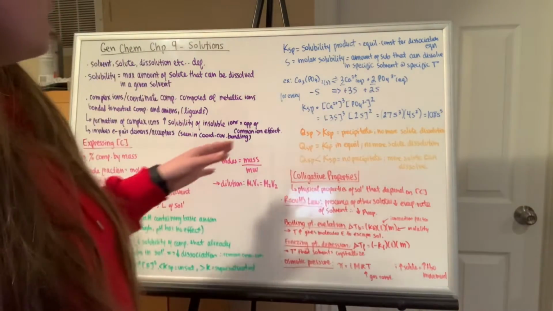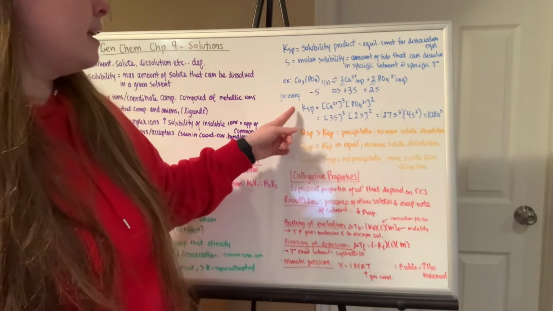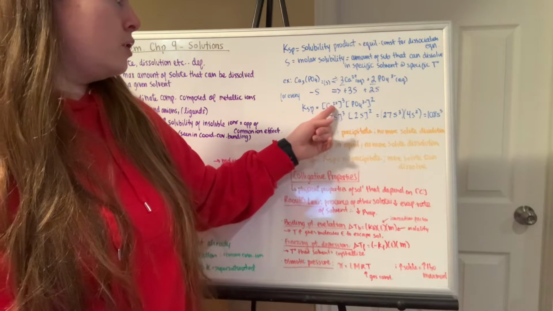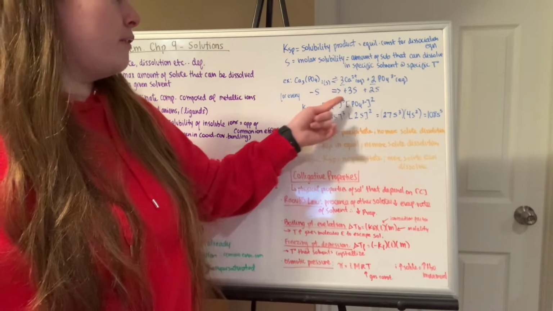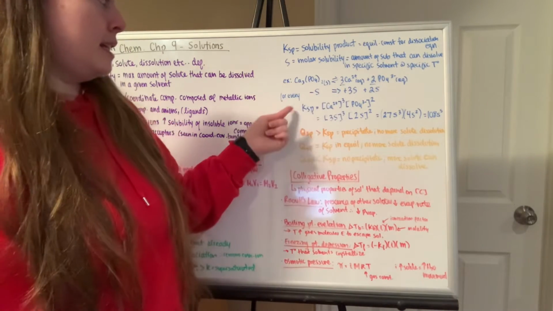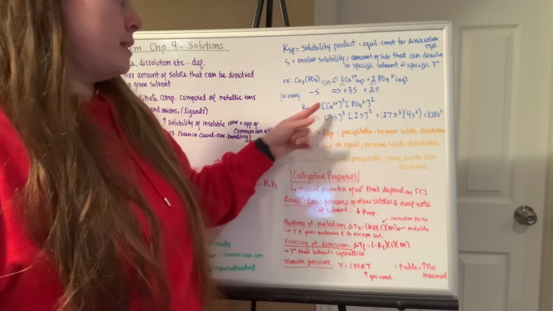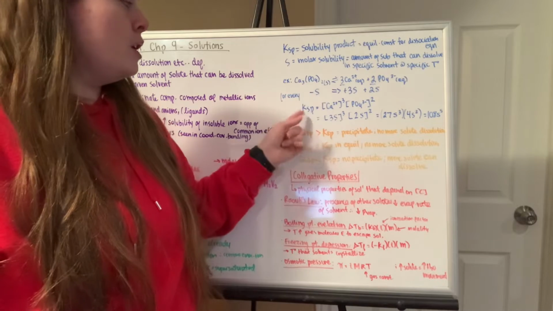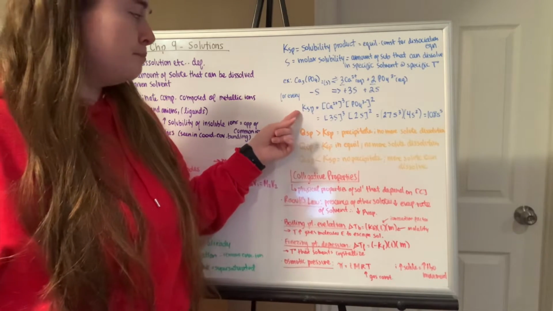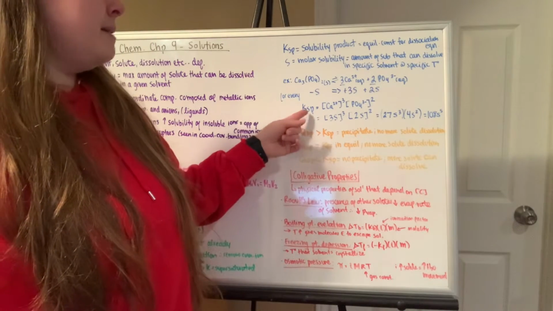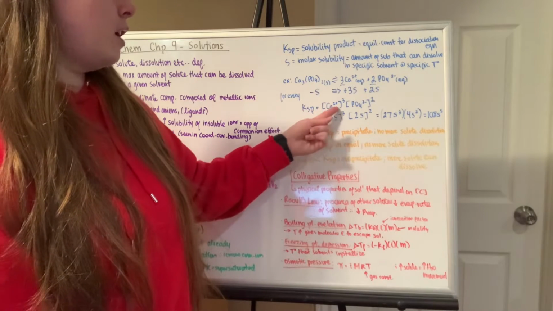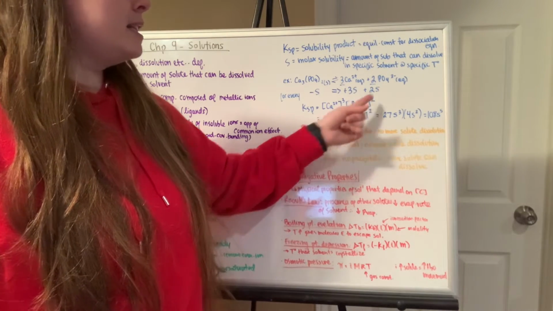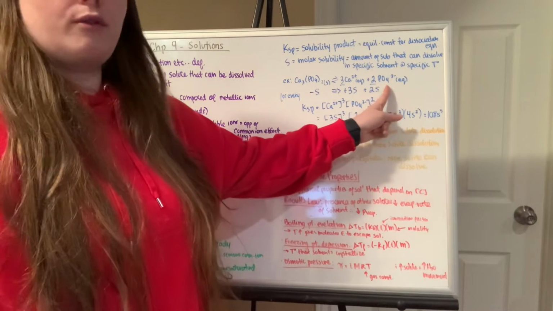Having said that, KSP is the concentration to the coefficient as the power. This is the same thing as equilibrium: we're taking the products and ignoring the solid. So this is just the equilibrium K, but SP because it's the solubility product: the concentration of calcium to the 3, PO4 3- to the 2, because 2 is the coefficient here.